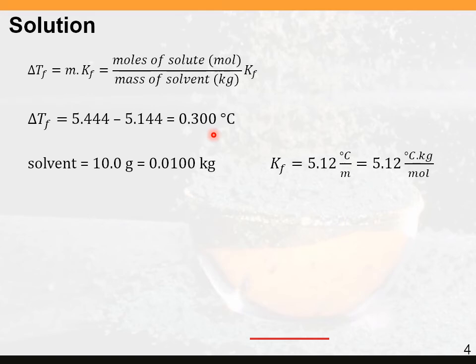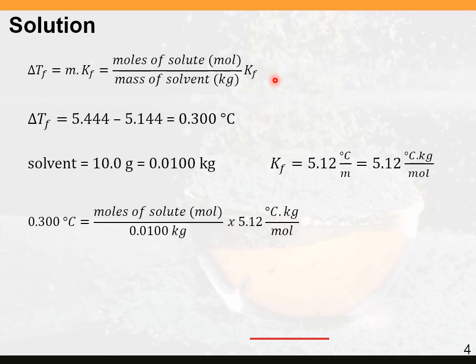And to use this in this equation, the mass of the solvent must be converted to kilograms from the given unit of grams. And Kf is given as 5.12 degrees Celsius per molal. But for unit calculation purposes, write the molality unit expanded as moles per kilogram. Plugging it into the equation, this is the freezing point change.